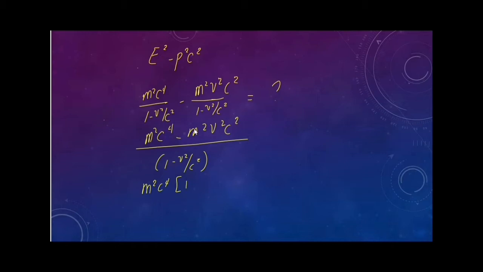Since I transferred it outside, this expression will just become 1. Upon distributing it, it will just become m squared c to the fourth. So I will no longer write m squared, and then this is only c squared. So we have to have v squared over c squared here, so that upon distributing this, it will still become v squared c squared. Okay, so you're not changing the equation. Then divided by 1 minus v squared over c squared.